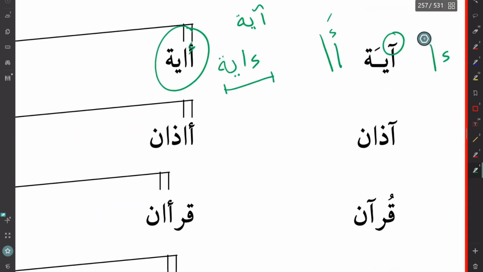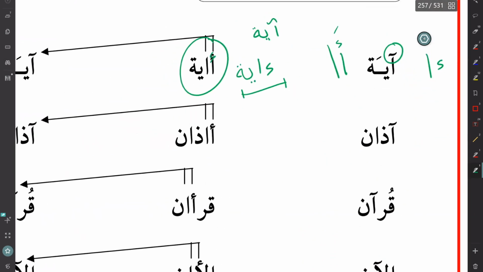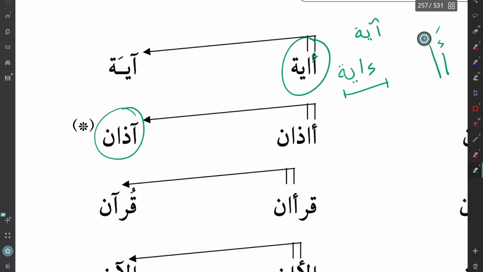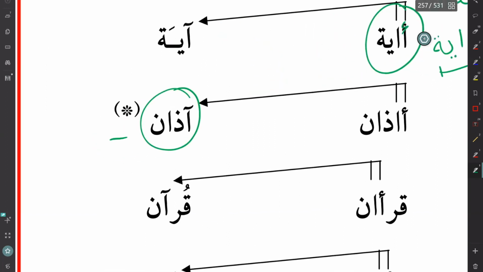Okay, so please make sure you understand this writing style. That's how we write hamza and alif. By the way, this word, sometimes I even mispronounce it because it's very hard to distinguish when I'm pronouncing it. The one we had, adhan, is the call to prayer. But this one, adhan, is completely different.